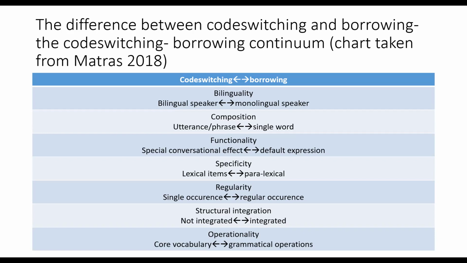Basically, we don't know. But the better side to err on is to look at whether it's a single occurrence. So if it's a single occurrence, it means, okay, let's say I'm speaking to a friend in German, and I forget the word for coaster.